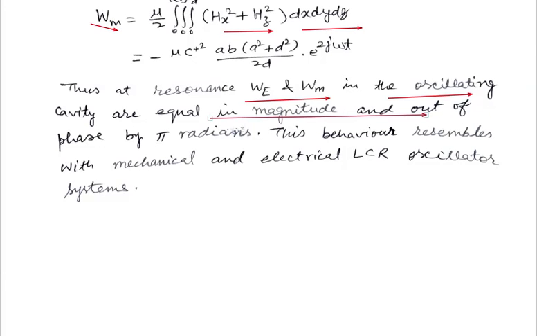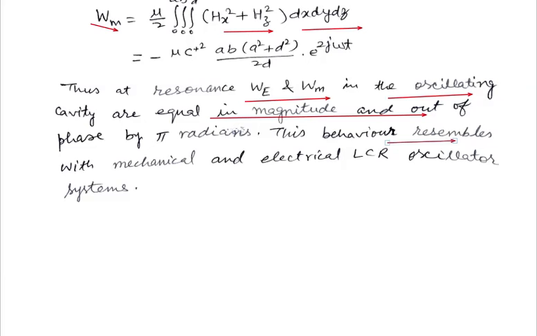This behavior of the resonant microwave cavity resembles mechanical and electrical LCR oscillator systems, as we have studied in our previous classes, where the energy is stored either in the form of kinetic energy and electrostatic energy, or potential energy in mechanical oscillators, with equal values.